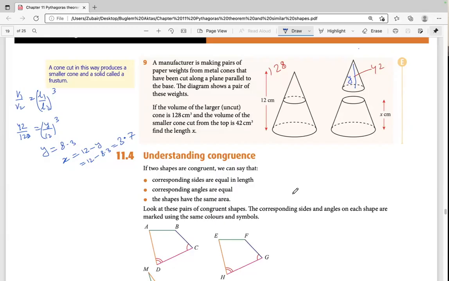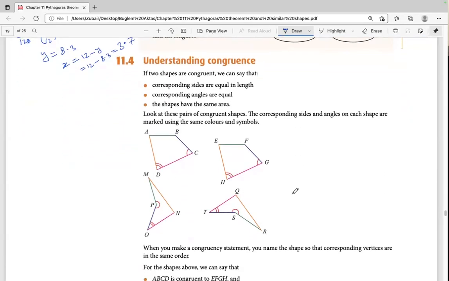So when we were talking about this bag and the picture, they were similar and not congruent. If I have two same bags, they will be congruent. So you see these shapes, all the angles are same and all the lengths are same. For example, when we were talking about this is 3, 4, and 5, and this is 6, 8, and 10, these two were similar, not congruent.